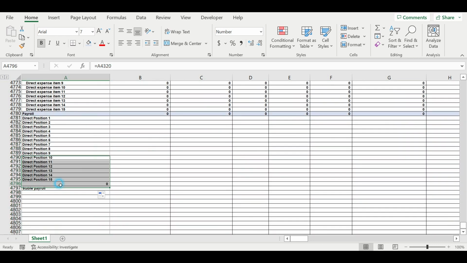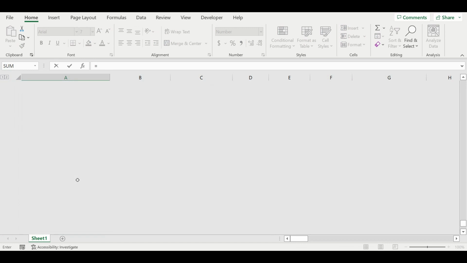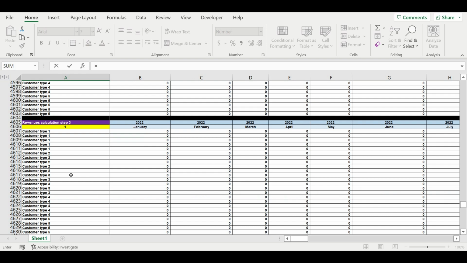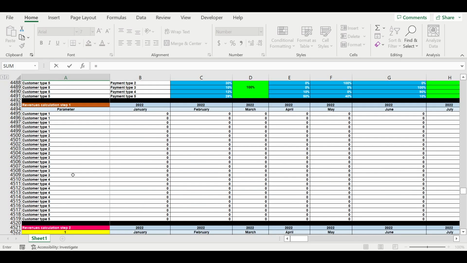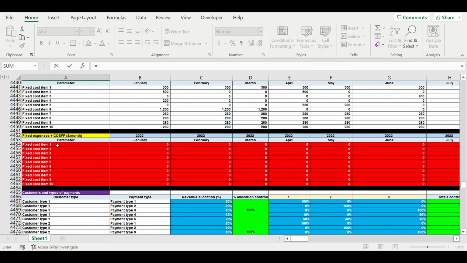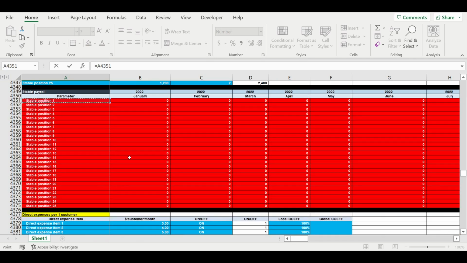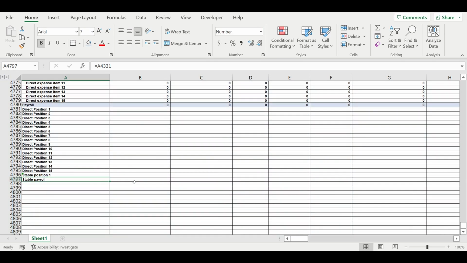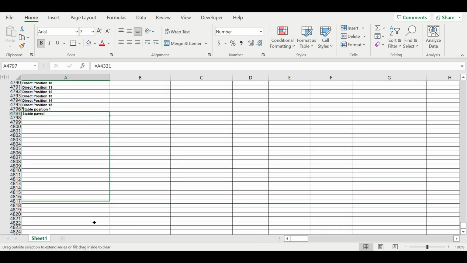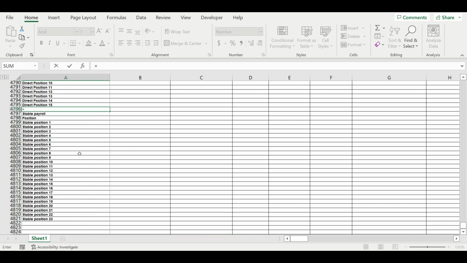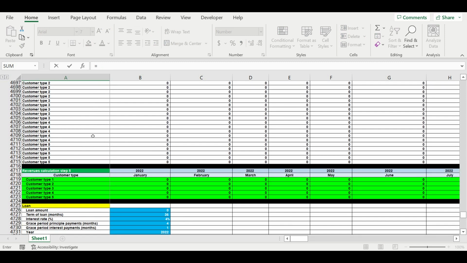And we also have stable payroll, fixed payroll, stable position, just a moment, direct position.